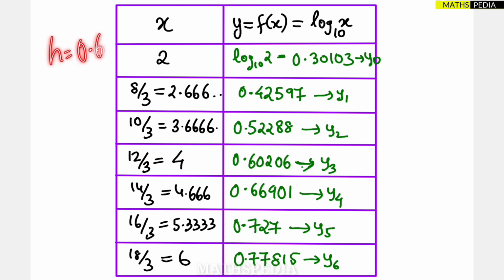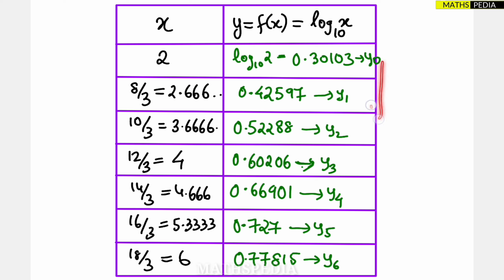The h value is 0.6666, or 2 by 3. So starting with 2, I add 2 by 3 to get the next value, then again add 2 by 3 to get the next value, and like that, if you keep on adding, you arrive at 6.